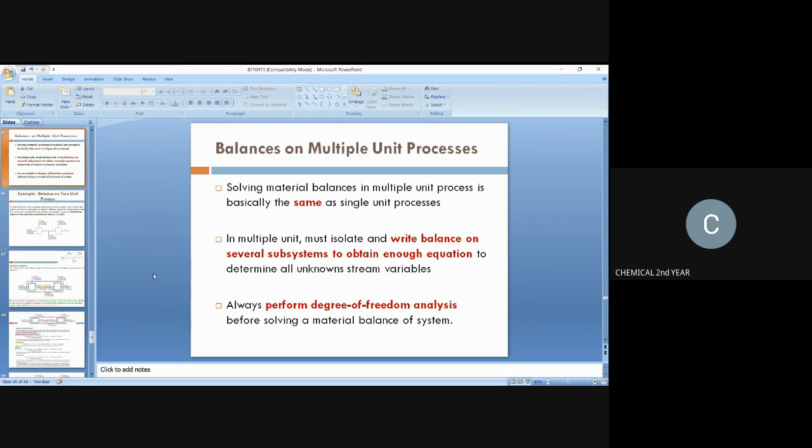Solving a material balance in multiple unit processes is basically the same as for a single unit process. In multiple units, we must isolate and write balances on several subsystems to obtain enough equations to determine all unknown stream variables. Always perform degree of freedom analysis before solving a material balance of a system.